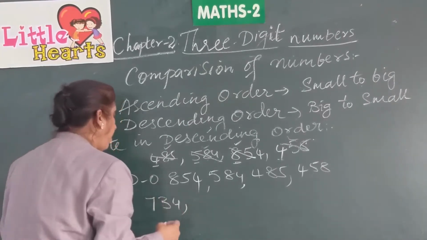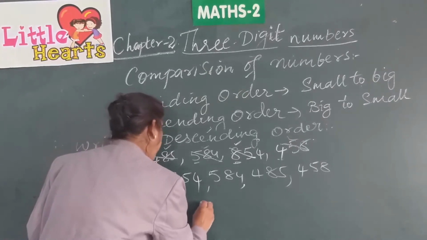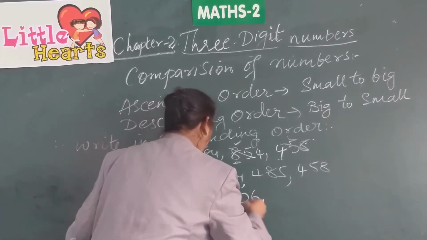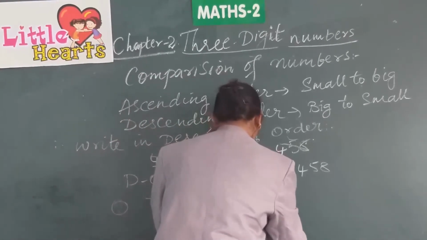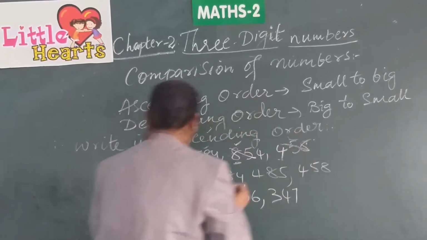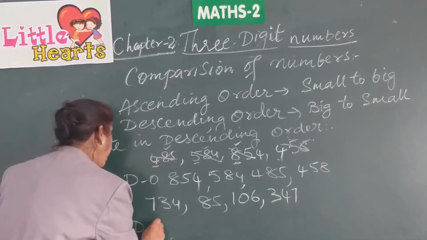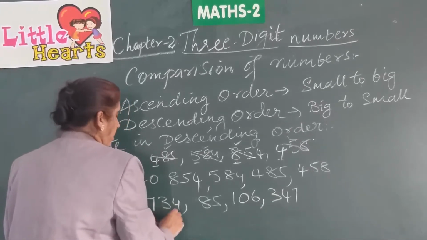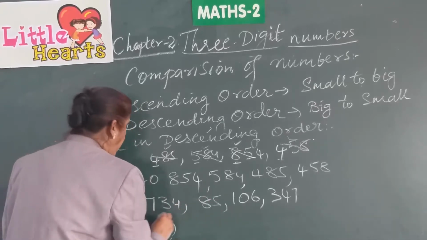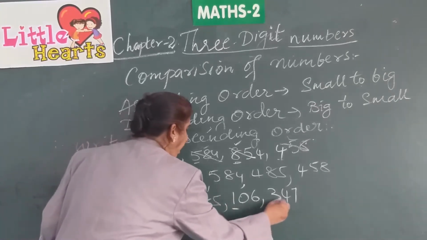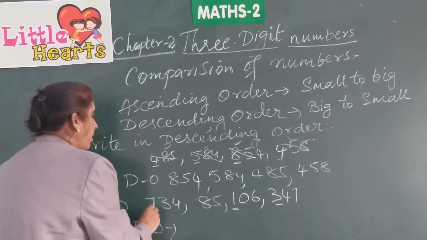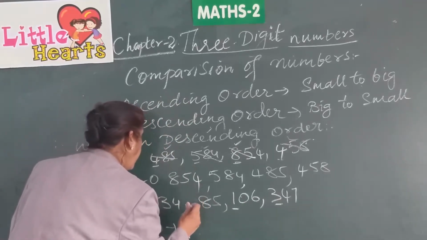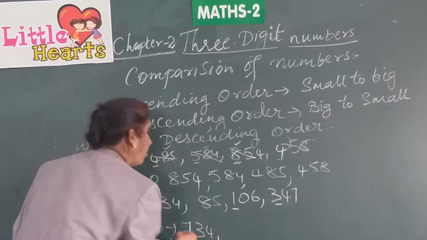Next set of numbers. Descending order. Compare with the hundreds place 7, 1, 3. It has only 2 digits. So 7 is the biggest one. 734.